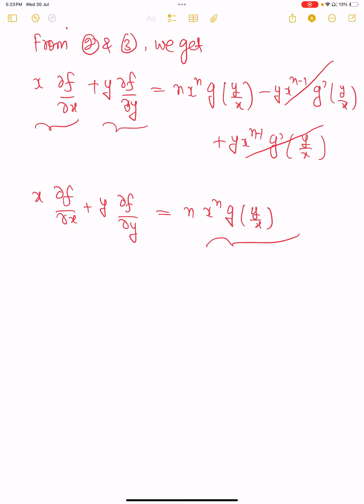But this is nothing but f(x, y). So this implies x del f upon del x plus y del f upon del y is equal to n f. Okay. So this is true.